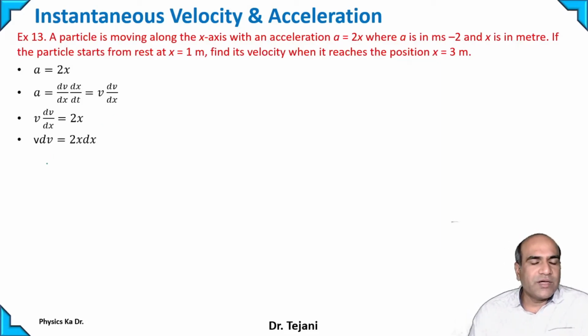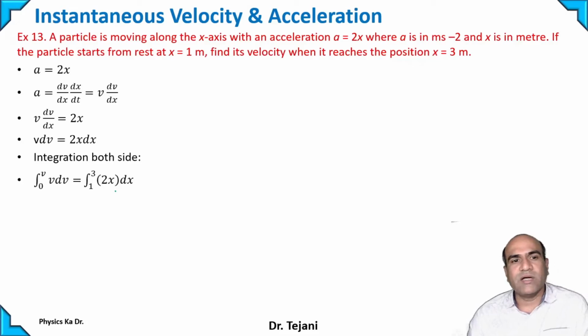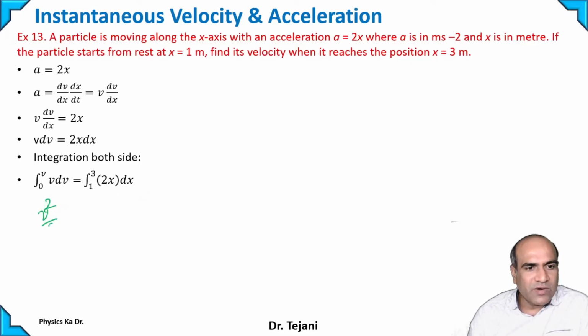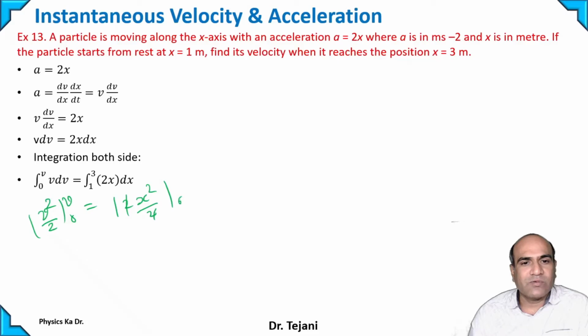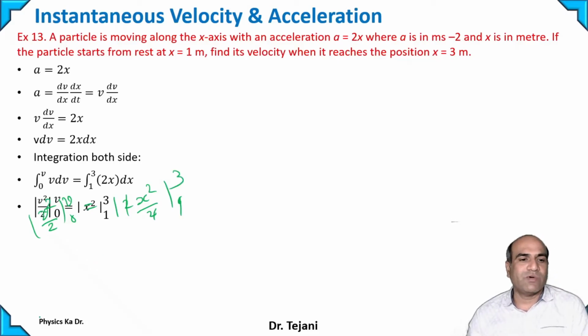So here integrating both sides, v from 0 to v, and the position from 1 to 3. On the opposite side, 2x divided by 2, so v becomes v square divided by 2, from 0 to v, is equal to 2x power 2 divided by 2, so the 2 cancels out, from 1 to 3.